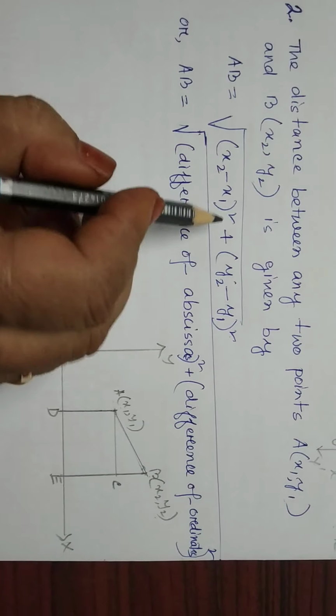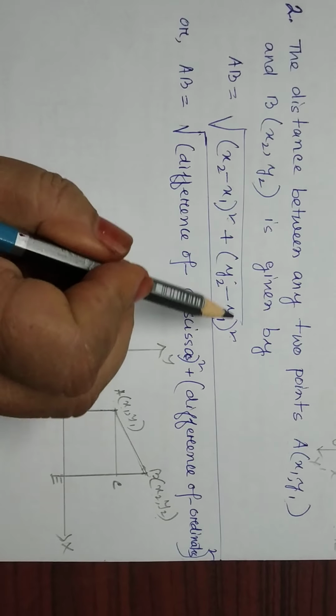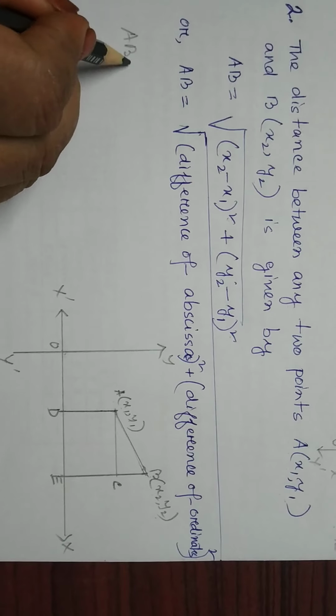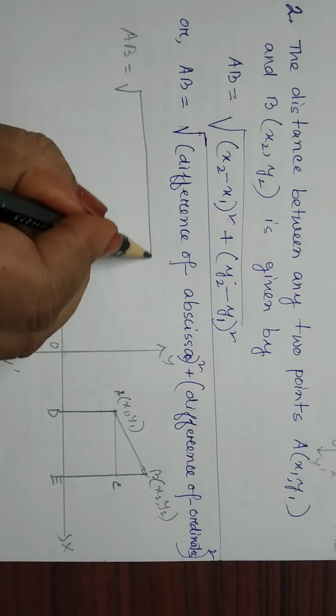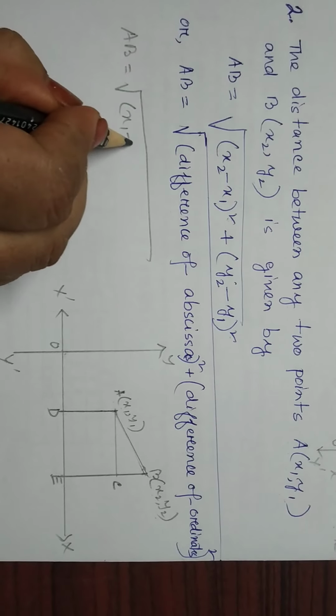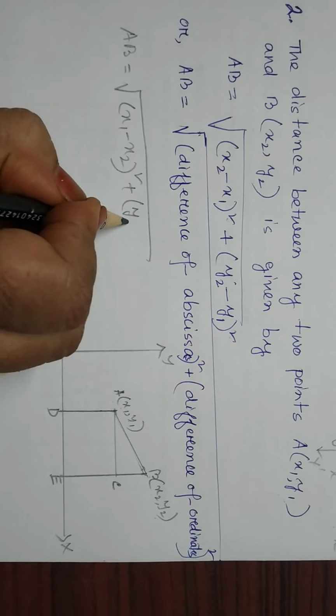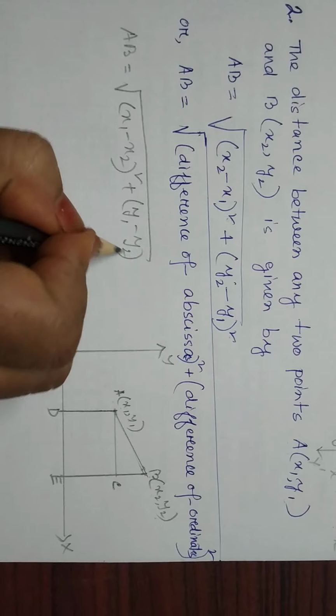Because squares are there, we can also write AB equal to the square root of x1 minus x2 whole square plus y1 minus y2 whole square.